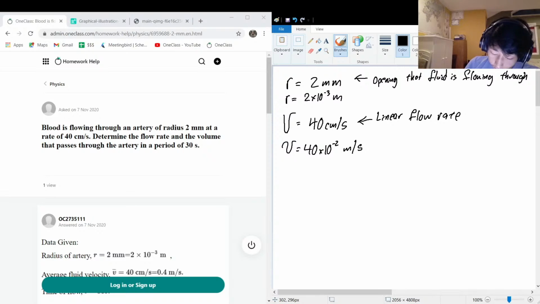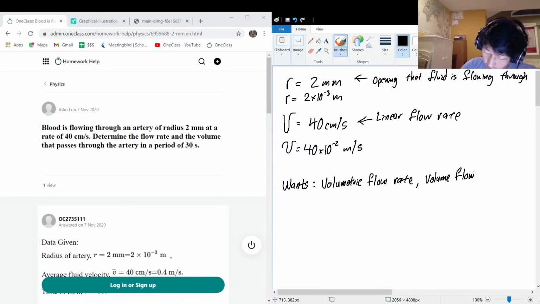Okay, so we want the volumetric flow rate as well as the total volume flowed. I guess that's probably the best way to describe it.